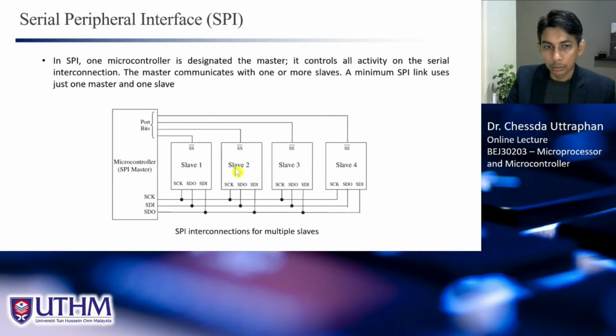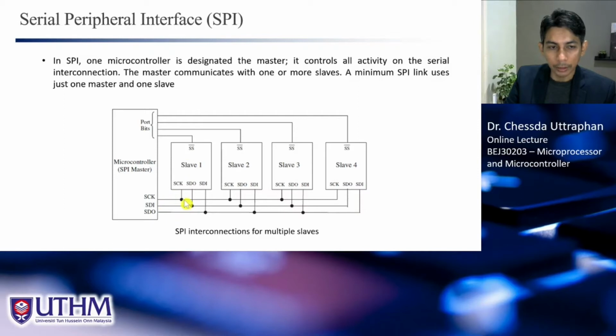So we can see that if we have one slave here, how many wires do we need for communication? We have 1, 2, 3.